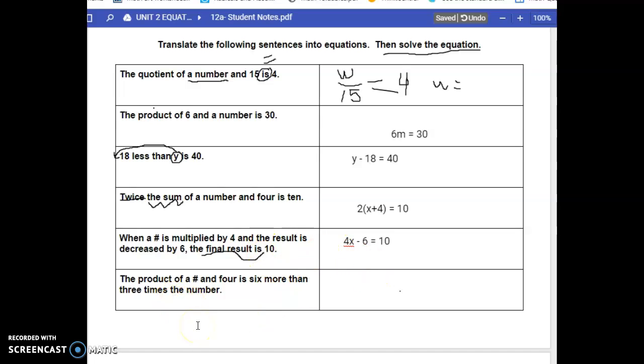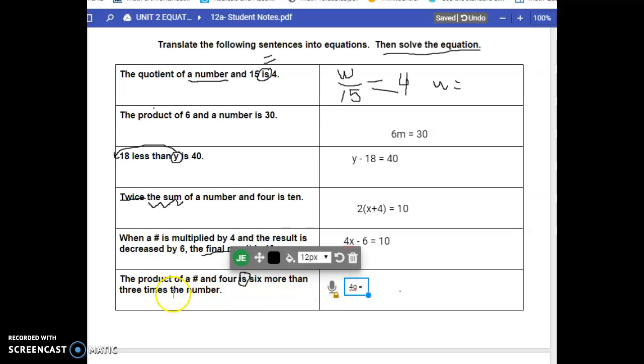For this next one, it says the product of a number and 4 is 6 more than 3 times the number. So I notice right away that I have is in here. So I know that this is going to be an equation with variables on both sides. So it says the product of a number and 4. We get to choose our numbers, so let's do 4g, is meaning equals, 6 more than 3 times the number.